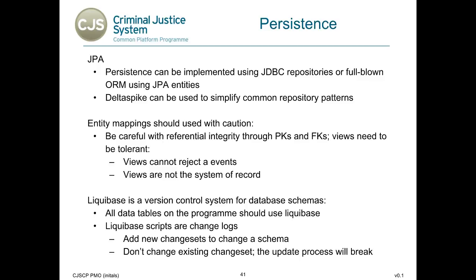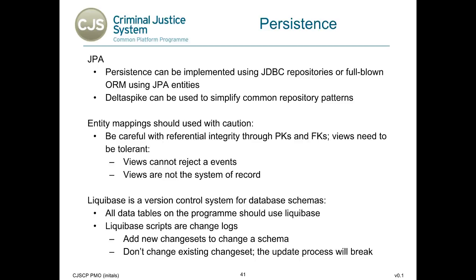Our database schemas should be versioned using Liquibase. Liquibase scripts are a way of managing schema changes via a log of change sets. When we make a change to a schema, it should be done by adding a new change set to the log of changes.